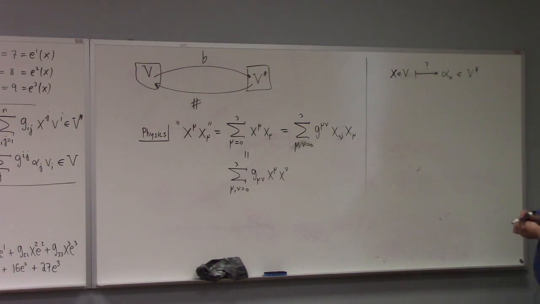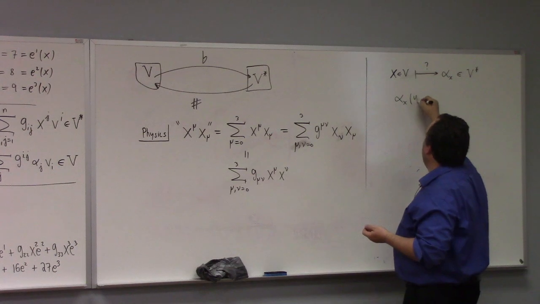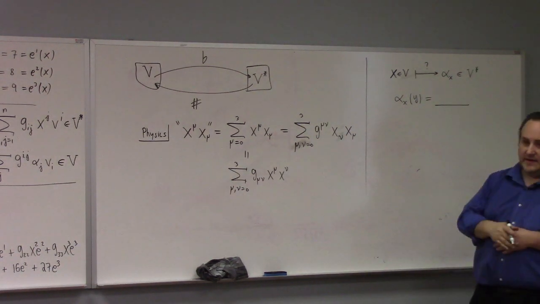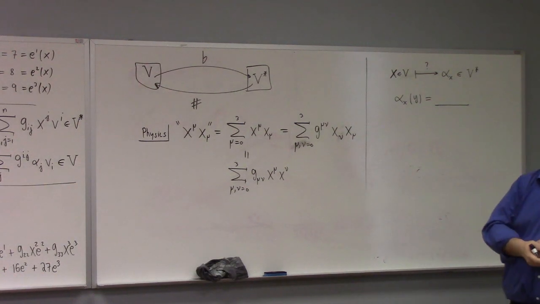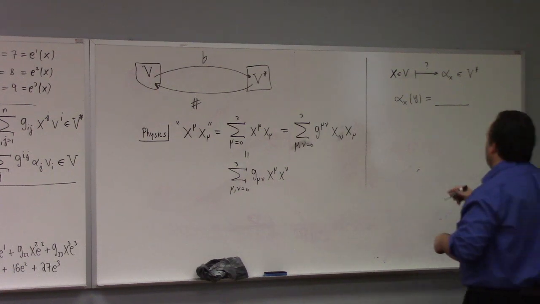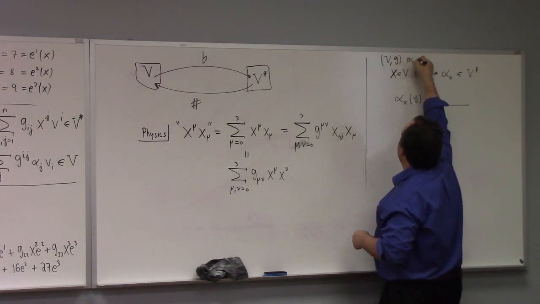In metric geometry, we simply do this. Alpha x of y is equal to what? I can give you a formula which is linear in y and its output is a scalar without any choice of basis. We're in a metric geometry context, (V, g) is a metric geometry.